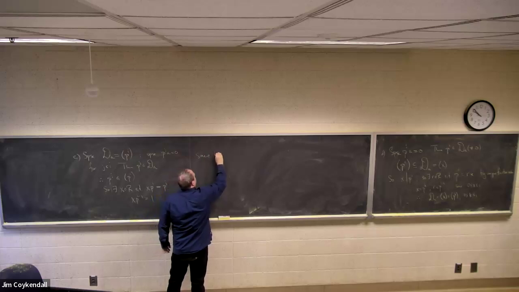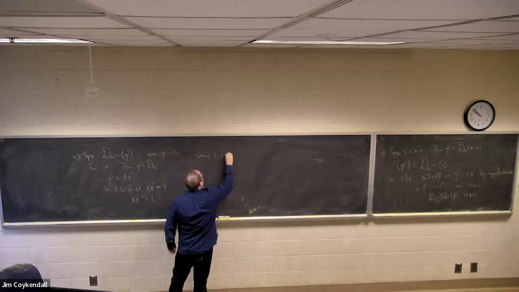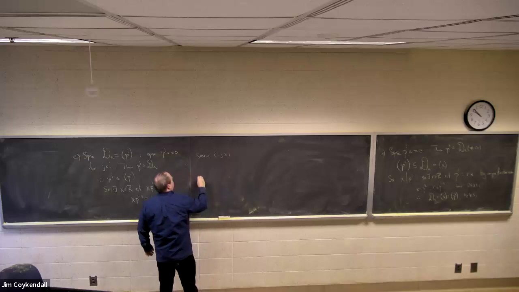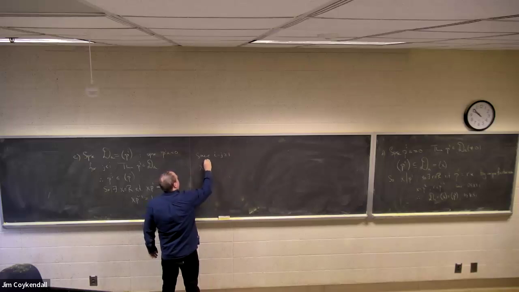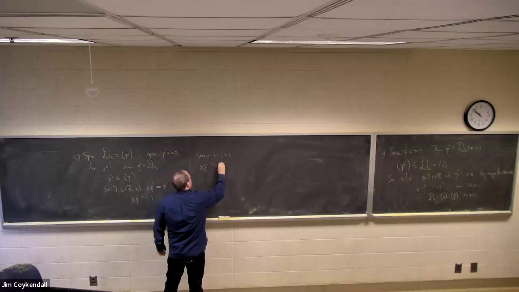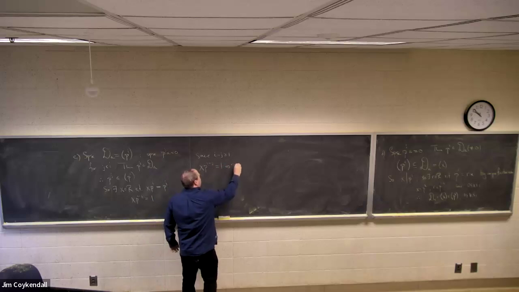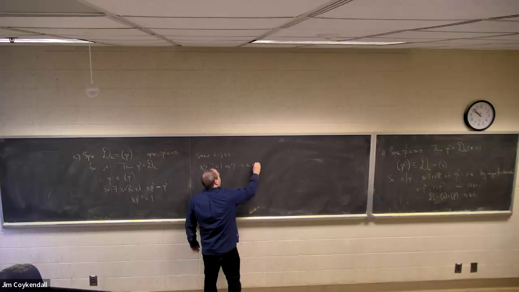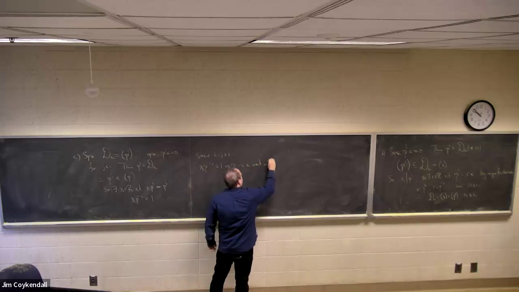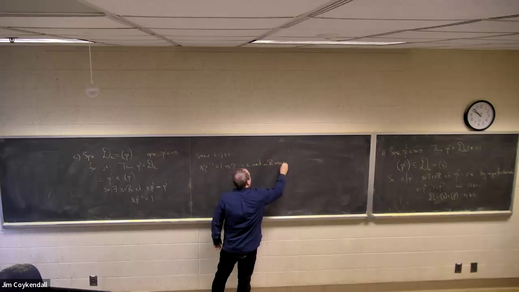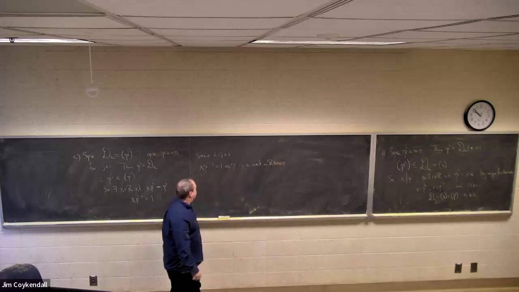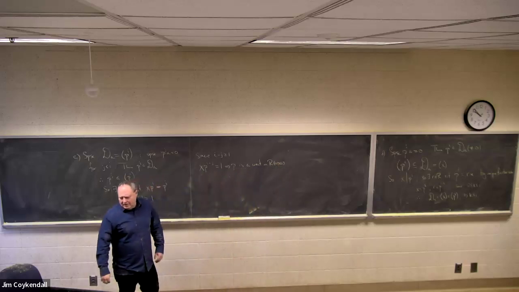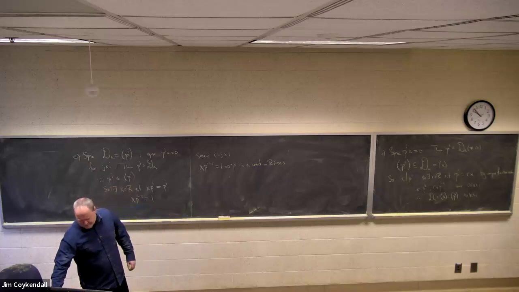Since I minus J is greater than or equal to 1, X times P is a contradiction, because we assume it's a non-zero thing. So this establishes the last step.